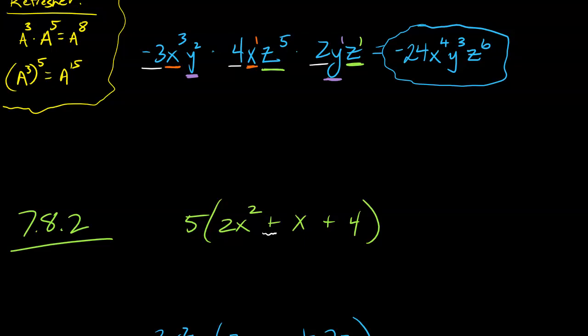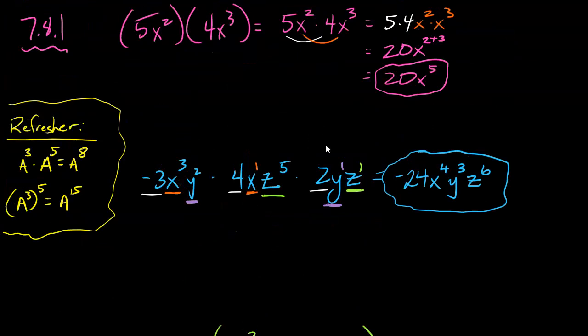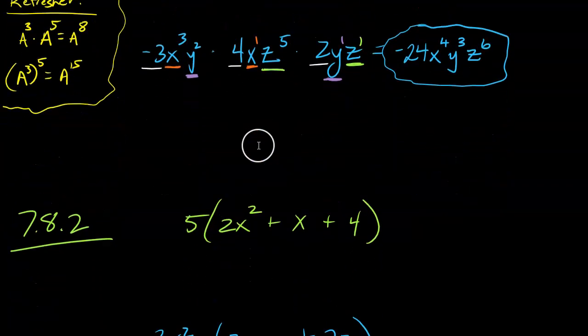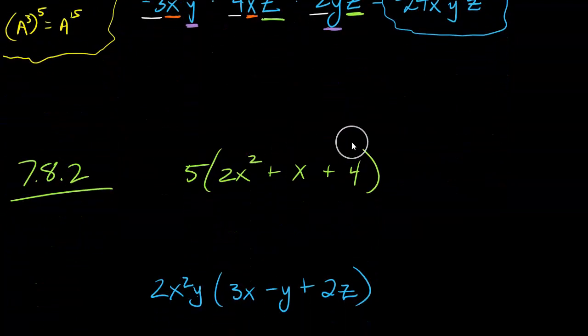As soon as you have more than one term, you have to approach it differently. If we have a bunch of monomials, you just multiply everything together. But once you have terms, you're going to have to distribute. So like this 5 that's in front of 3 different terms, I'm going to have to multiply each one of the 3 terms by a 5. And that's the main difference between the style questions.